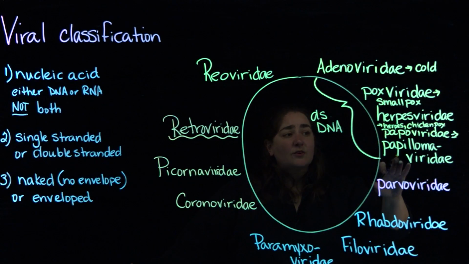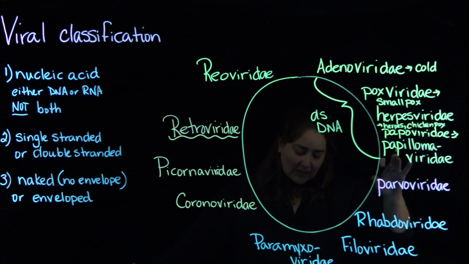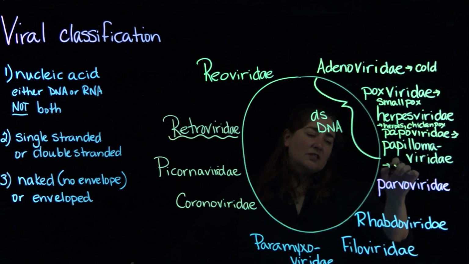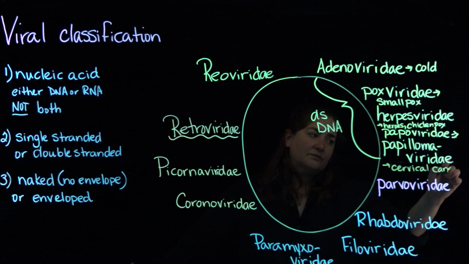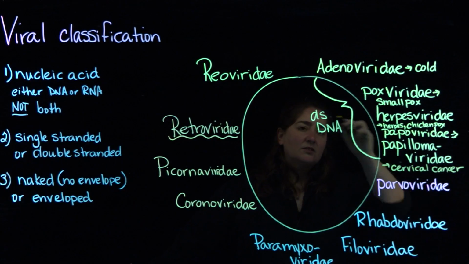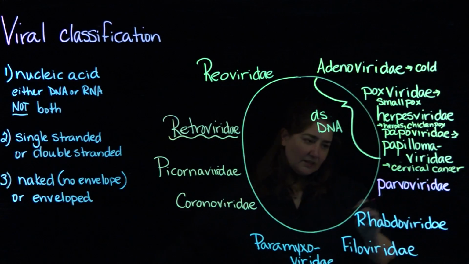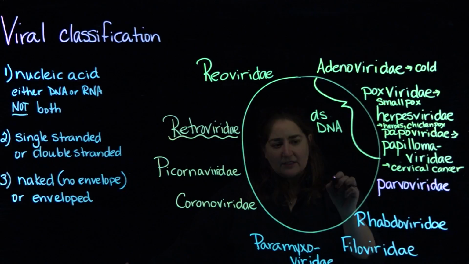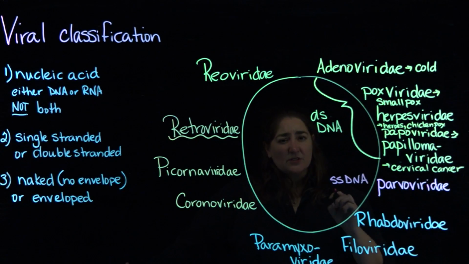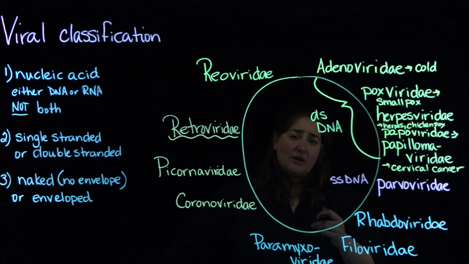And then the Papovaviridae or the Papillomaviridae, this is going to be associated with cervical cancer, okay? So these are all double-stranded DNA viruses. We've got one example of a single-stranded DNA virus. So single-stranded DNA viruses are not as common as double-stranded viruses.